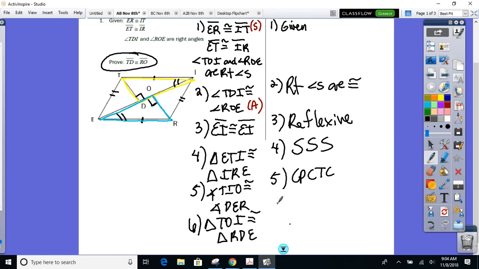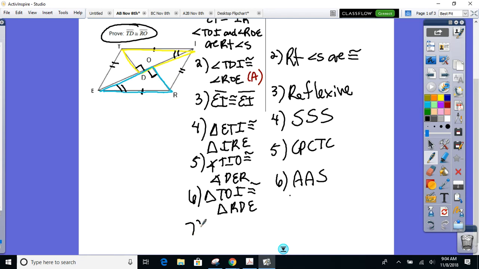Anybody got a method? Take a look. Here are my two angles. Is that side in between? No, it is not. So angle, angle, side. And then finish this proof off because we didn't need the triangles in the proof statement. We needed TD congruent to RO.